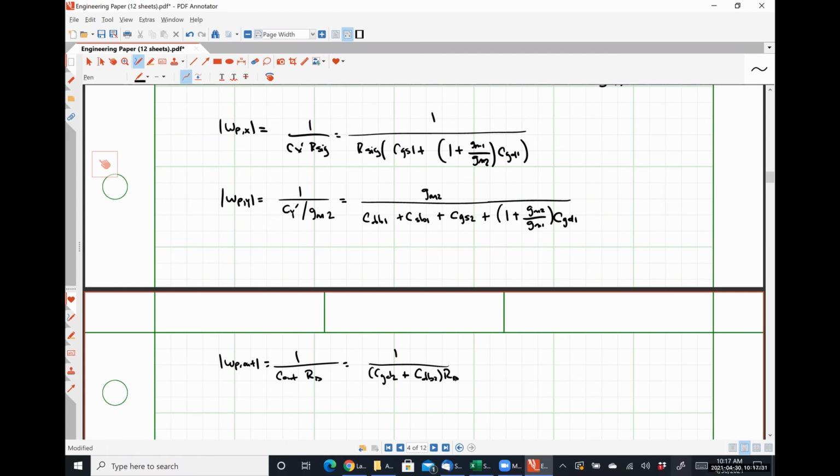And if we had applied the method of open circuit time constants directly to this, we would have gotten the exact same results. So we could simply add all these pole frequencies together, and the lowest one is going to be the approximation for where the midband gain ends.